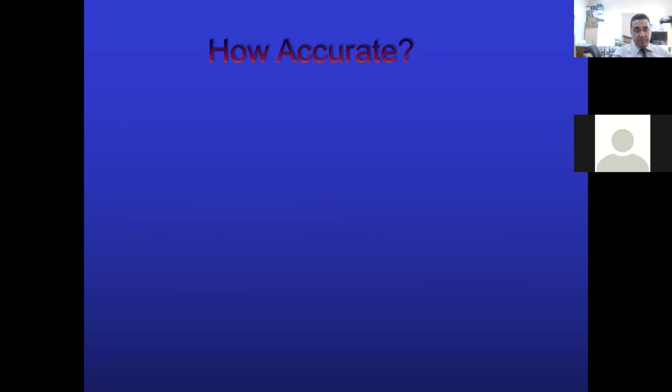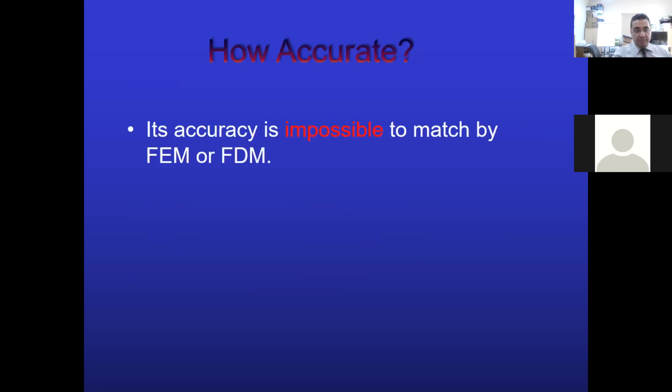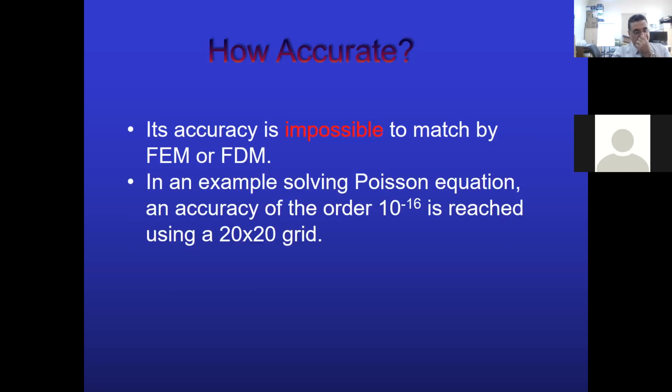So the answer is, how accurate do you want to look at? Next. The accuracy of the multi-quadratic scheme is impossible to meet by finite elements or finite difference methods, and the reason is just the time that you need.